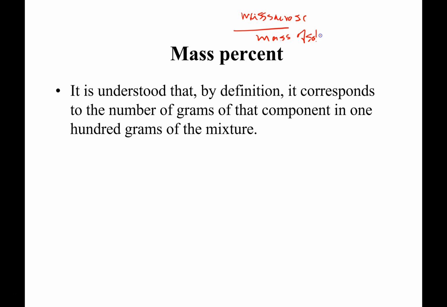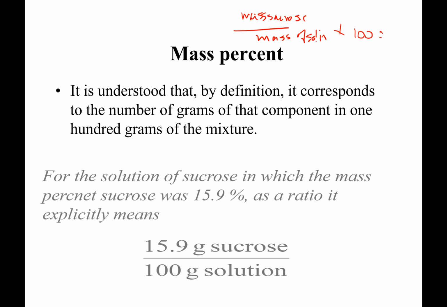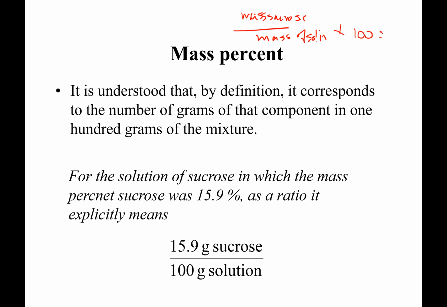And then how would this one be different than the mass fraction? What would we do different to get mass percent? Yep, multiply by 100. Exactly. So I'm not going to belabor that for you. If you take 0.159 times 100, you get 15.9.